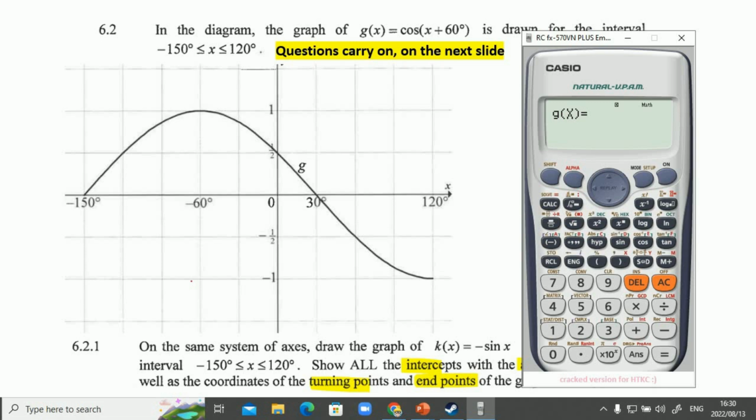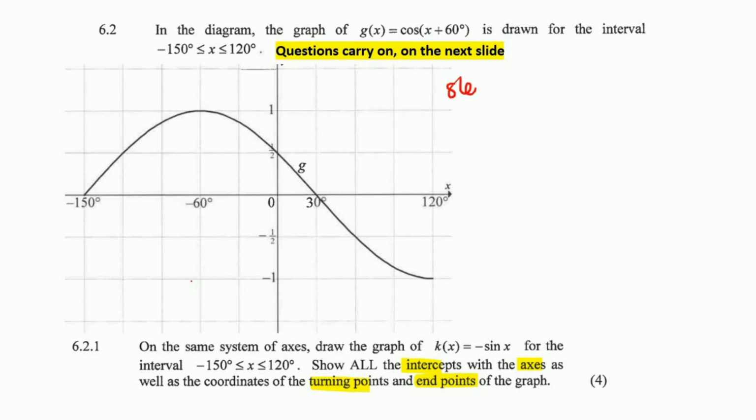The g of x is any other graph that we have. We only want to draw one graph. The starting position is going to be at minus 150 because that's where the graph starts. The ending position is going to be at 120. So you can just do that. Now the step is an important one. Your step is always going to be equal to the period of your graph divided by 4.